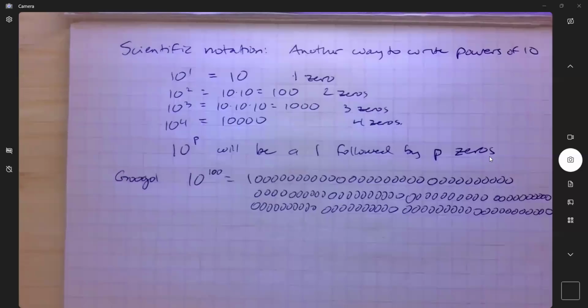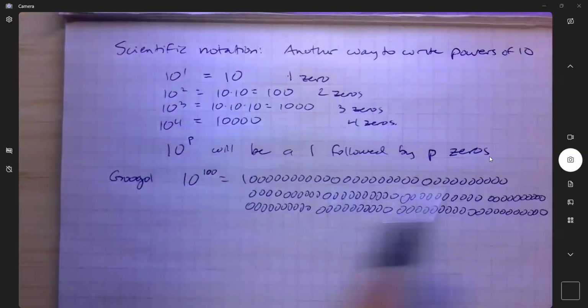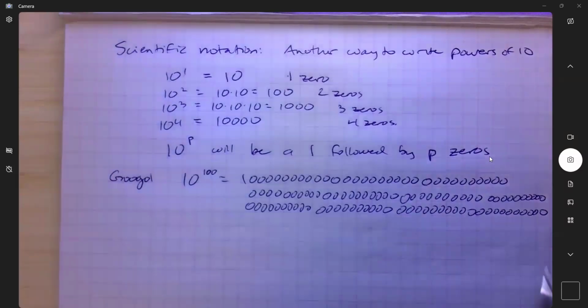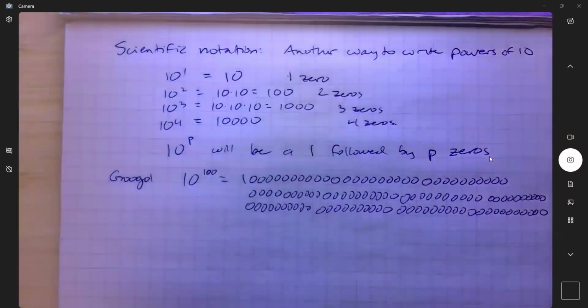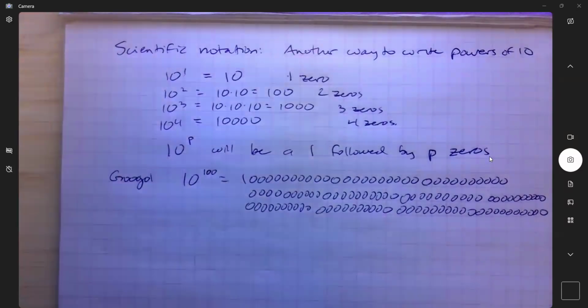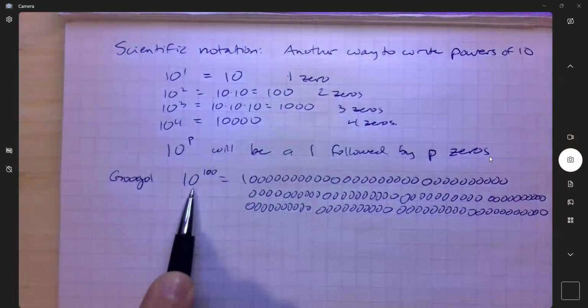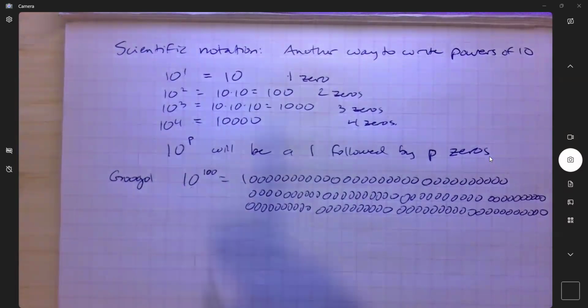Is that number right there. 1 followed by 100 zeros. It's inconceivably large. It's larger than the number of atoms in the universe. But it's not so bad when you can write it as an exponential notation.